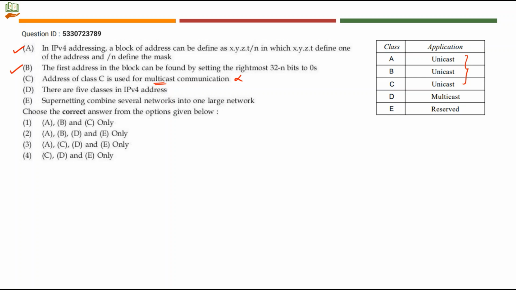Just rule out the options that have C, and this says option 2 will be the right answer for this question. The next statement, there are 5 classes in IPv4 address: A, B, C, D, E. Yes, it is right. Supernetting combines several networks into one large network is also right.